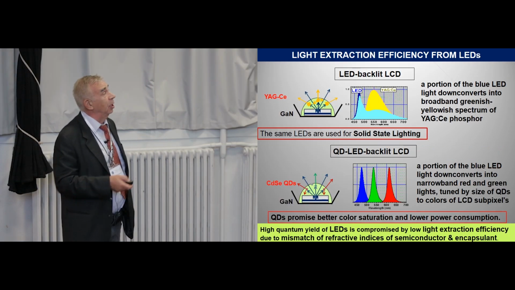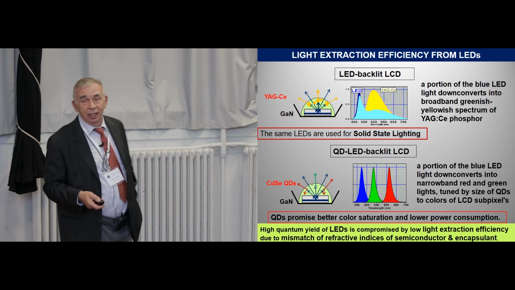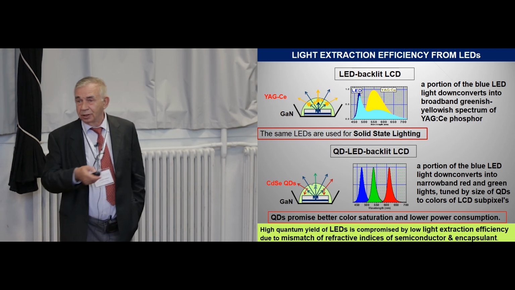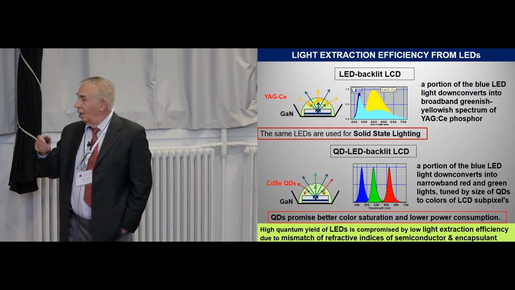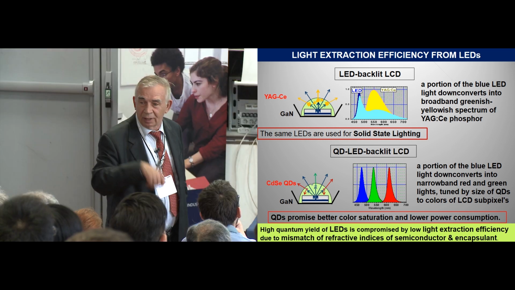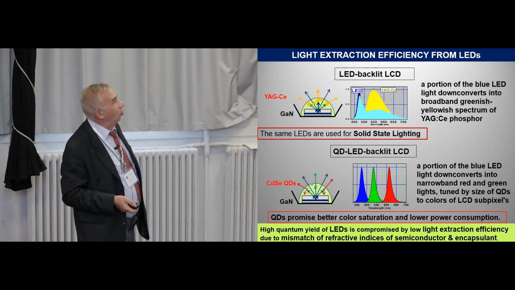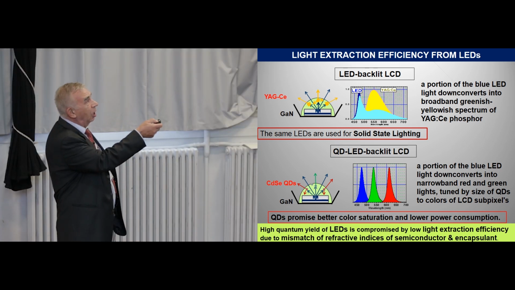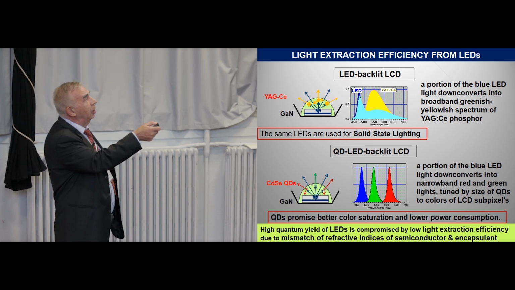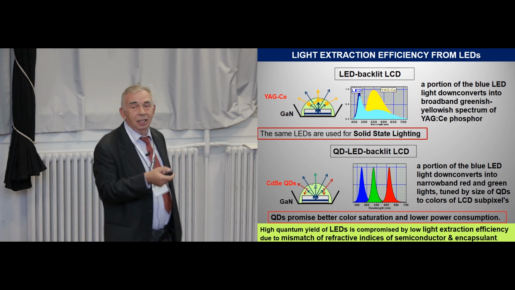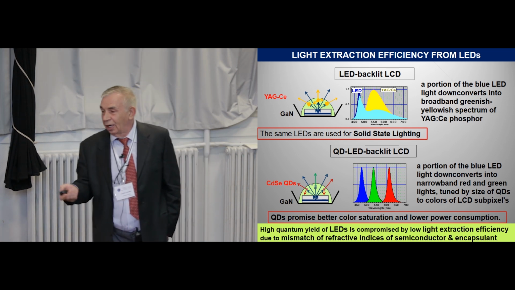It's actually very simple because I will speak later about LEDs, what nanocomposite materials can do for LEDs, but just a few words on how it works. So what we have now is called LED backlit LCD. It works very simply.